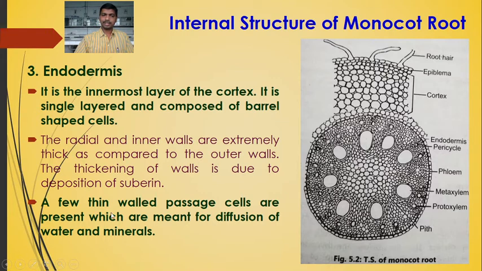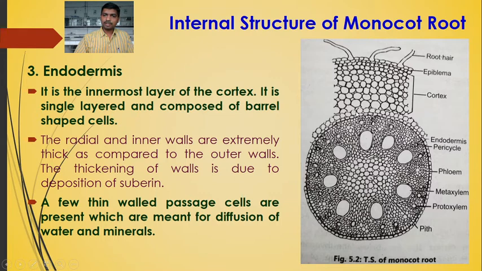So the thin-walled passage cells present opposite to the protoxylem are meant for passage of water and minerals from the root hair to the xylem. Xylem is present towards the inner side; root hairs are present towards the outer side. The water from the soil is absorbed by the root hair and travels through the cortex, endodermis, pericycle into the xylem.